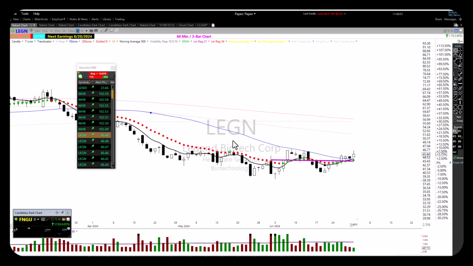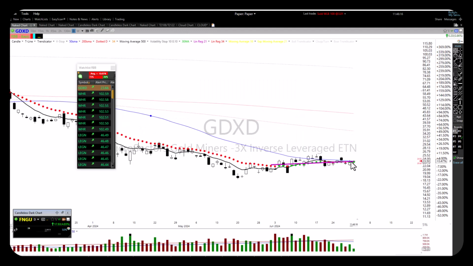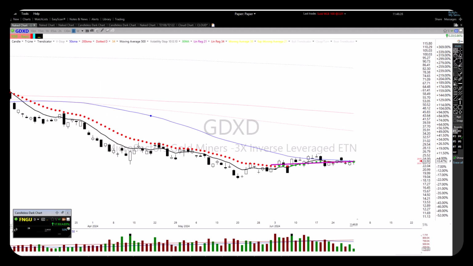Legend, LGEN, nice rounded bottom breakout. If somebody doesn't know anything about the rounded bottom breakout, now would be a good time to say, can you explain the rounded bottom breakout? GDX here is getting awfully close to that rounded bottom breakout there. So there's a couple of charts popping up right now.